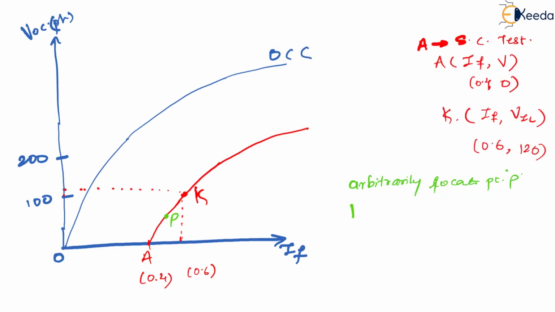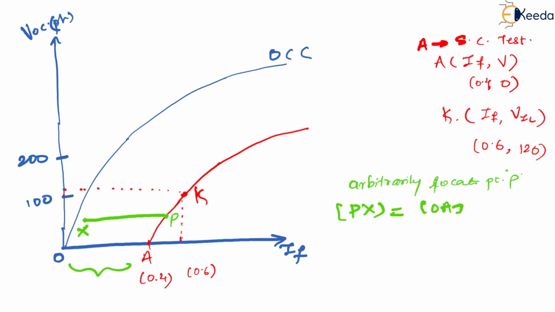You need to have a segment PX whose length is equal to OA, means whatever is this value OA, similarly you should get this P. So let me draw it the same length, so this becomes PX, correct? Same as OA. PX length is the same as OA, okay? Yes, no problem.